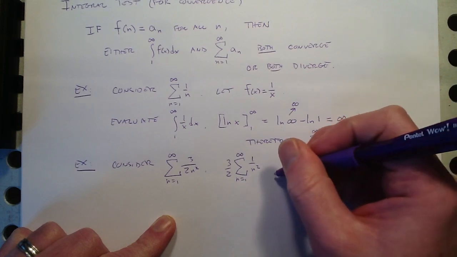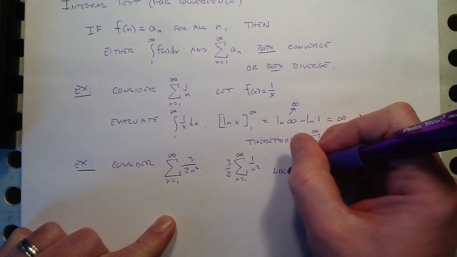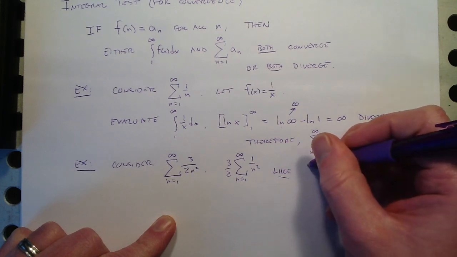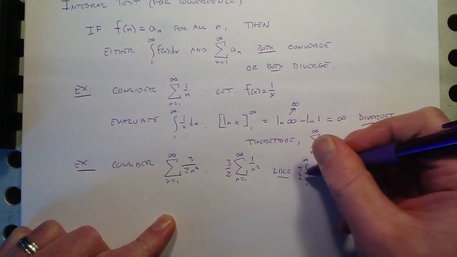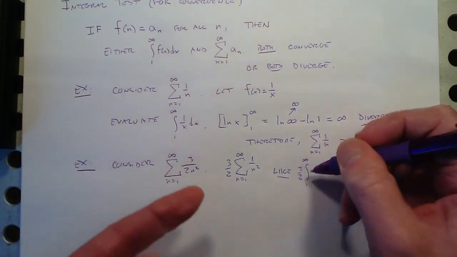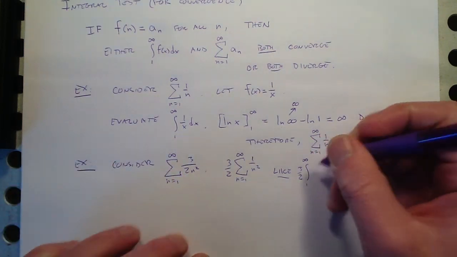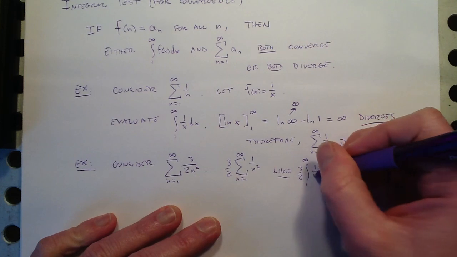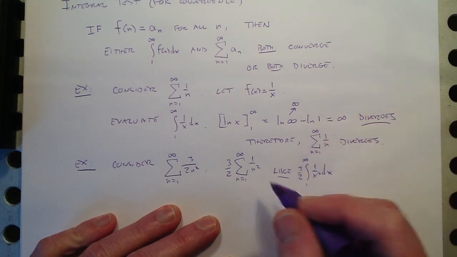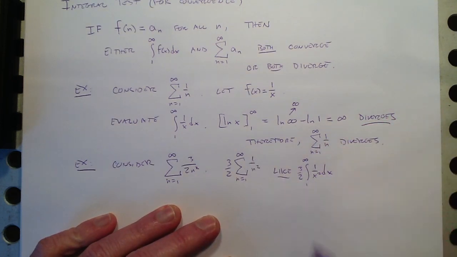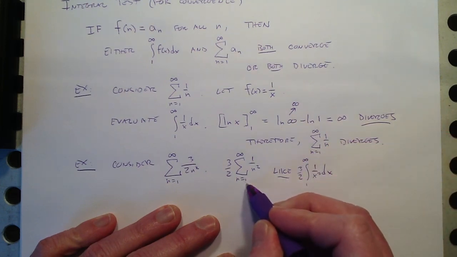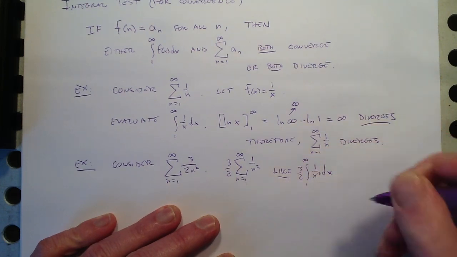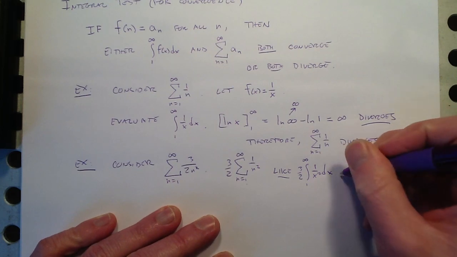So this is like the integral from 1 to infinity. I could put the 3 halves out here, but whether this converges or diverges, it's not going to matter if you multiply it by 3 halves, right? 1 over x squared dx. This and this behave exactly the same way. So if this integral exists, then this series converges.